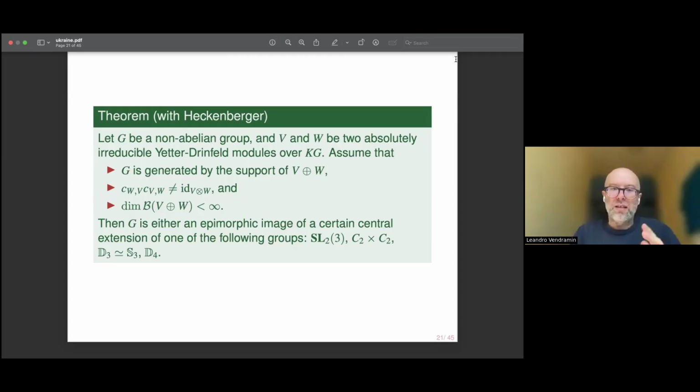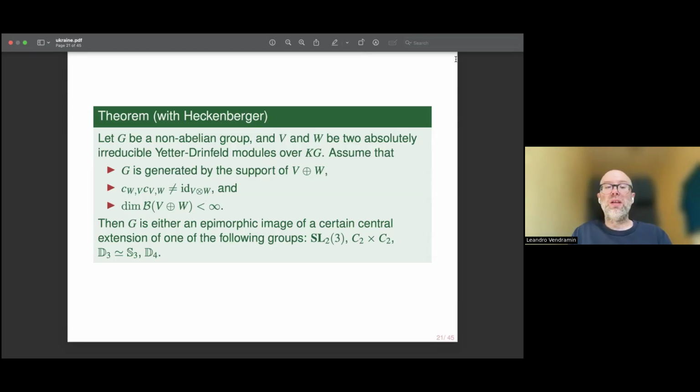So you start with a non-abelian group, then you have two simple or absolutely simple Yetter-Drinfeld modules. Absolutely simple means that it is irreducible even after extending the base field, right? This just doesn't matter. So you have these modules V and W, and you assume that G is generated by the support of V plus W, which means that this G is precisely what you need to realize your modules.